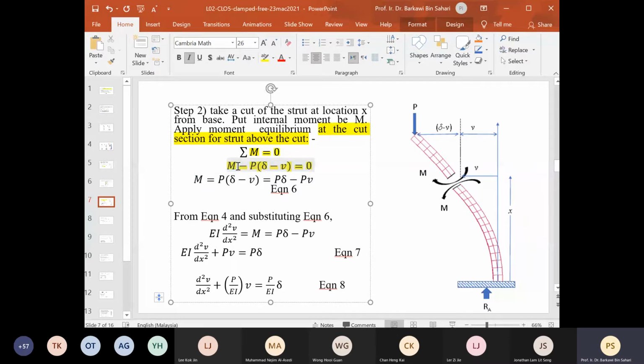This negative is because the direction of moment due to P is opposite to the direction of internal moment M at the place where we cut for this particular part of the beam. So we rearrange this, we get M equal to P delta minus V, P delta minus PV.